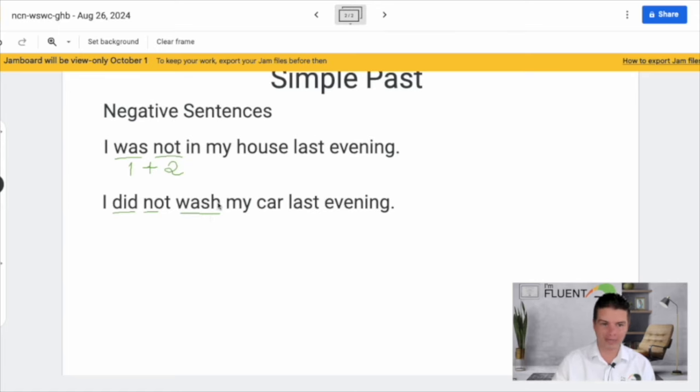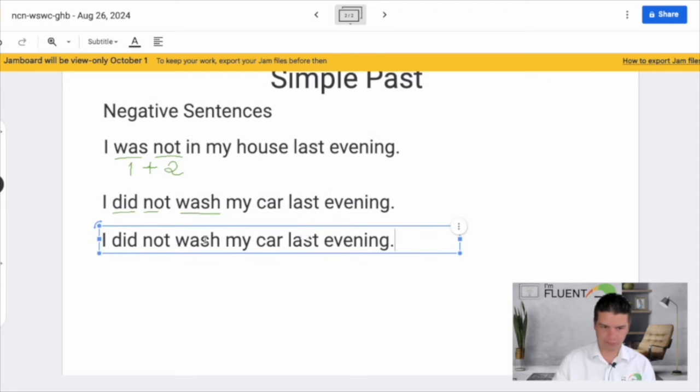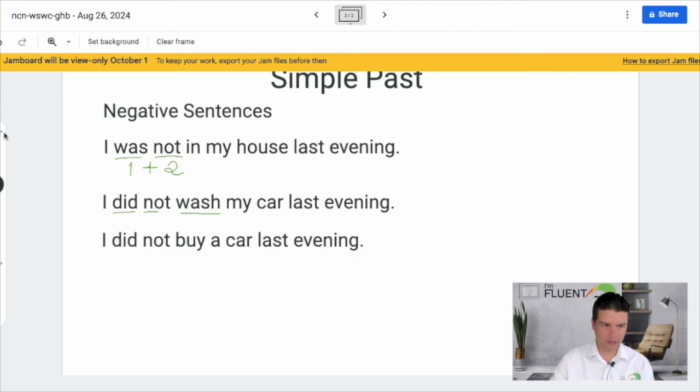And the same applies if we do have a sentence with an irregular verb. For example, buy. So I did not buy a car last evening. So once again, we have here number 1, number 2, plus number 3 without the ed for the negative sentences.